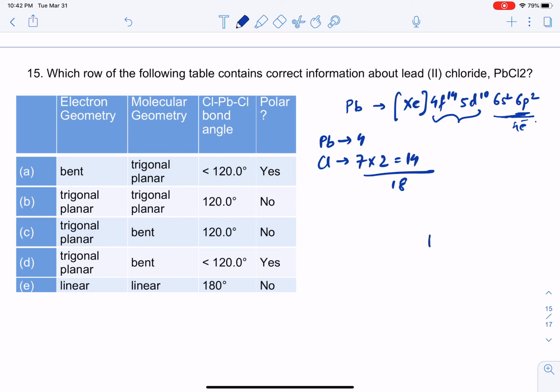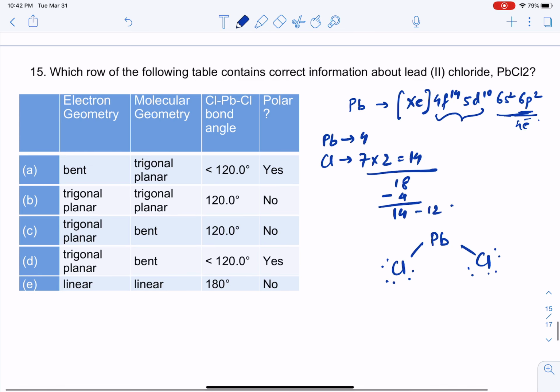So now let's put Pb here, Cl, Cl. Now 2 bonds formed, so it's 4, remaining is 14, giving 6 electrons each to chlorine to fulfill its octet. What's remaining is 2, giving these 2 electrons to lead. Now you can see that Pb is not forming an octet here.